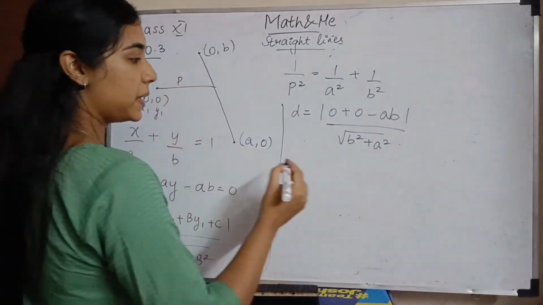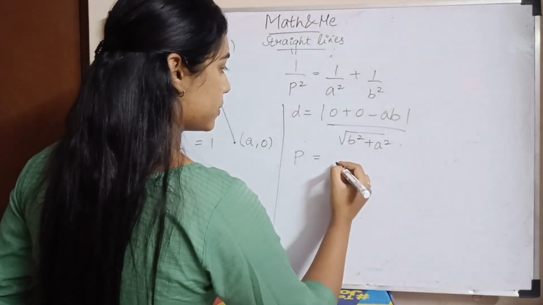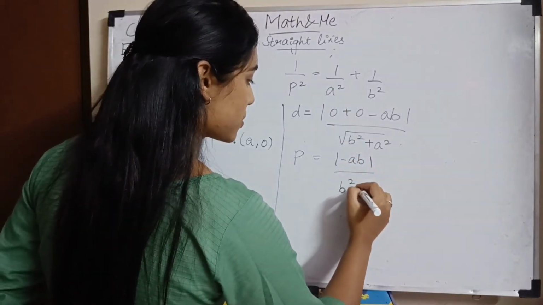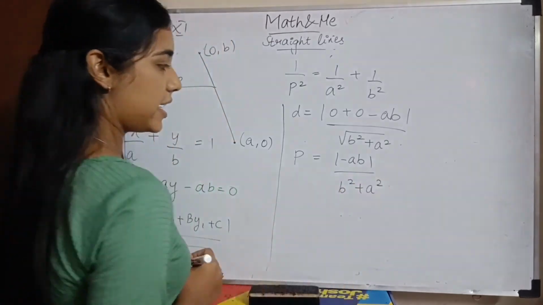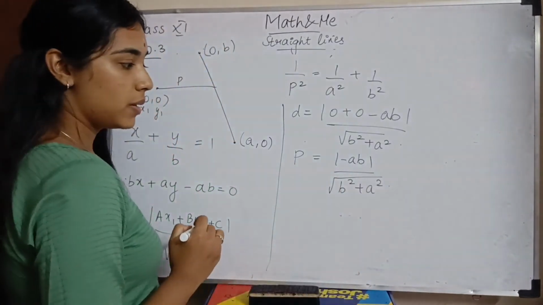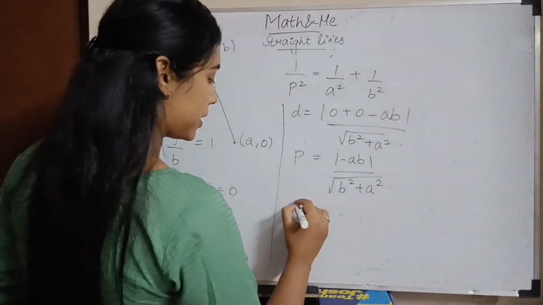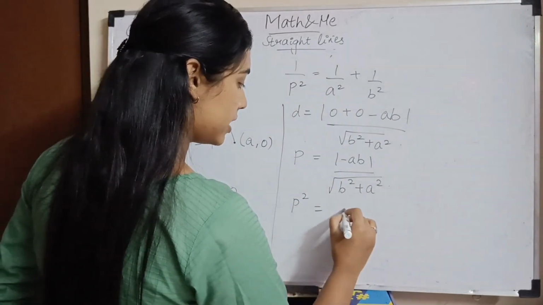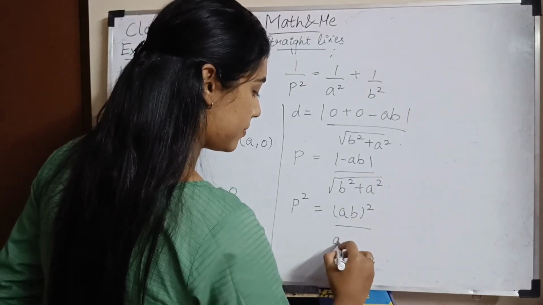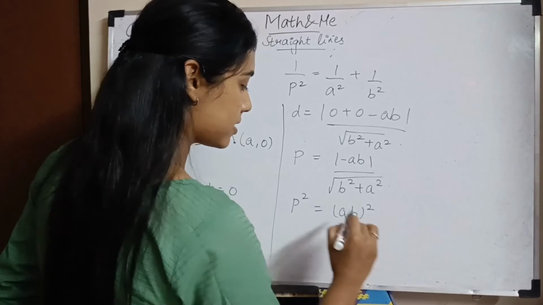It is given to be p. So p equals minus ab divided by the root of b square plus a square. When I square on both sides, what do I get? P square equals ab the whole square divided by a square plus b square.